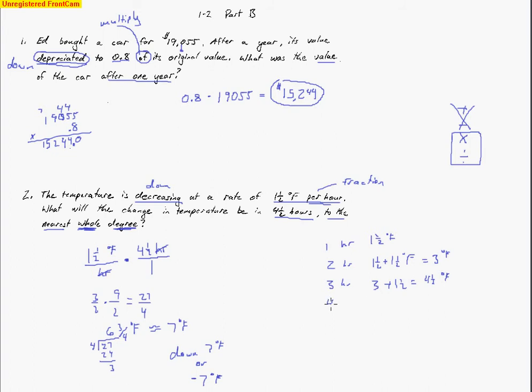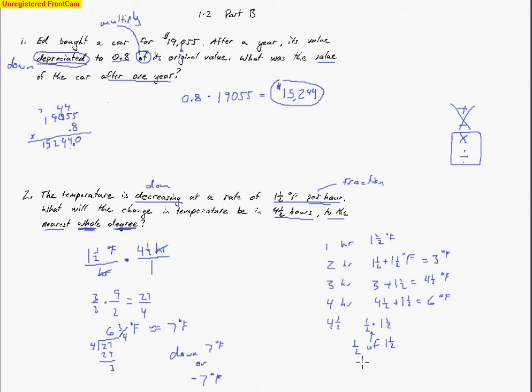And then after 4 hours, we'd have to add another 1.5. So we are at 4.5 plus 1.5. That gives us 4 plus 1 makes 5, and the 2 halves add to make 1, so that gives me 6 degrees Fahrenheit. And then we'd have to say 4.5 hours, so we'd have to take half of how much it's going up by. So we'd do half of 1.5. Remember, of means times. So when I say half of 1 1/2, I'm multiplying 1/2 by 1 1/2.